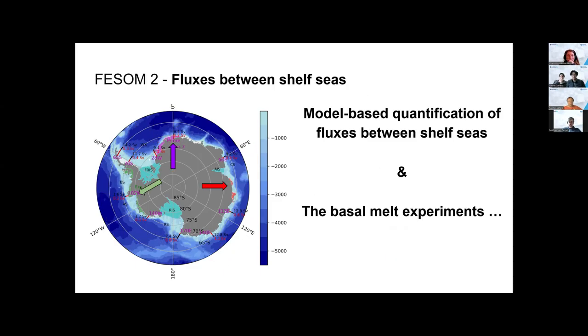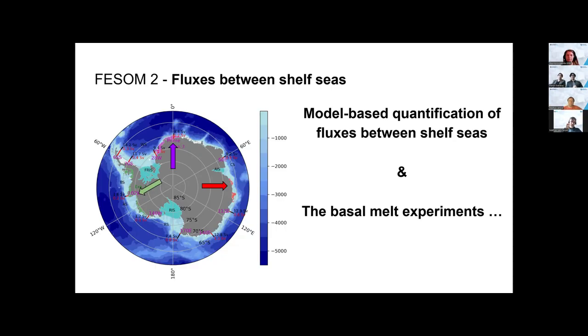Next slide, please. So besides the quantification of the total transport of the Antarctic slope current and the export of Antarctic bottom water, we did 3 experiments where we removed the basal melt influence from 3 different regions.